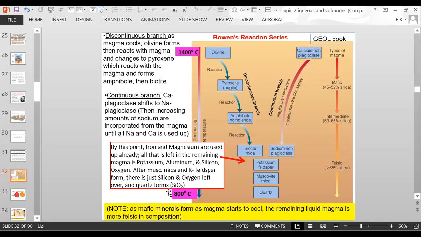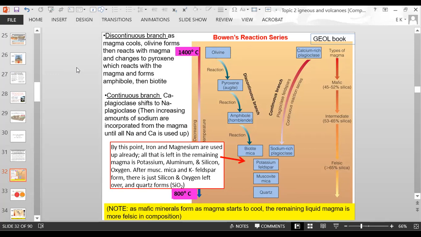Quartz forms around 800 degrees Celsius, which is still very hot, but it's cooler than the 1400 degrees Celsius that olivine starts to crystallize at. Again, this whole thing is referring to magma that's extremely hot and then starts to cool. We talked a little bit earlier about why magma will start to cool.